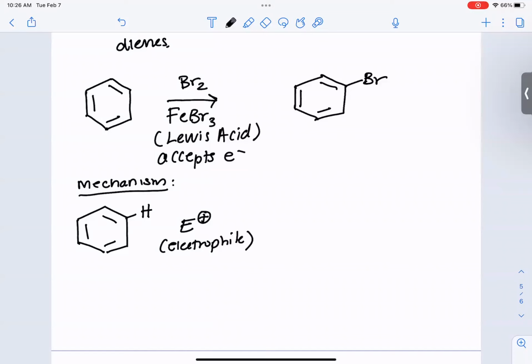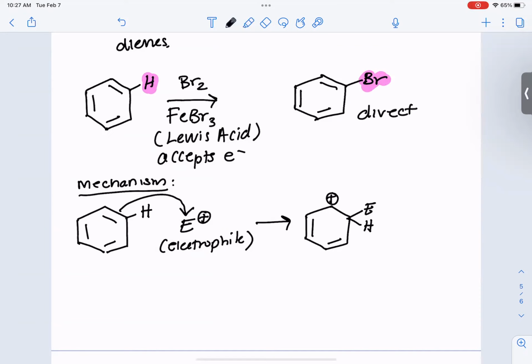The pi electrons go after the electrophile. Notice that the electrophile is going to substitute. I'll draw the hydrogen up here. It's a direct substitution for a hydrogen.